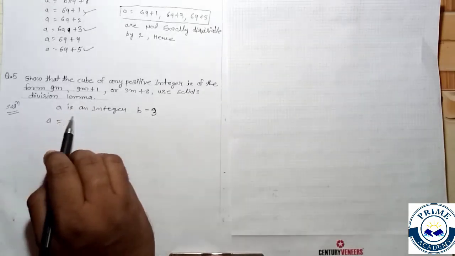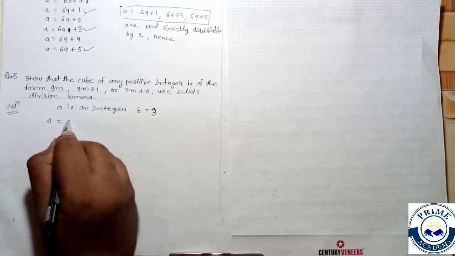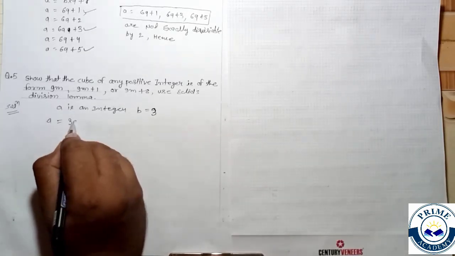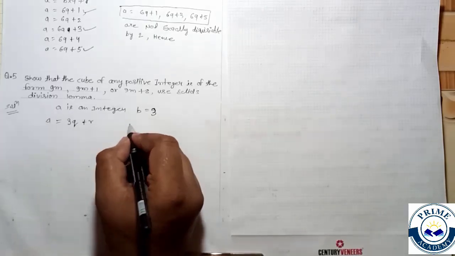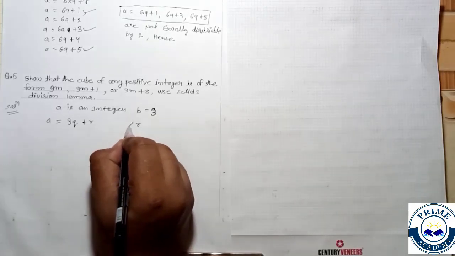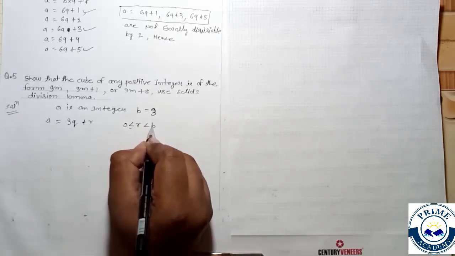So I suppose a is an integer and b is 3. So can we write it in the form bq plus r, where we know that r is greater than or equal to 0 and always less than b?